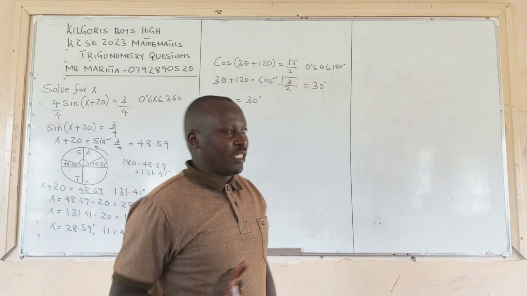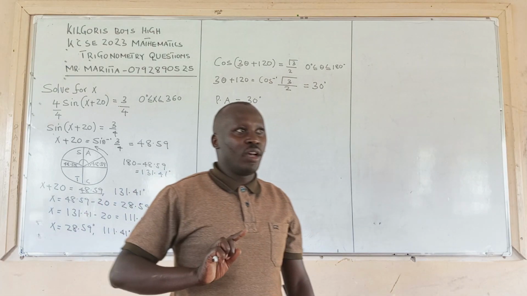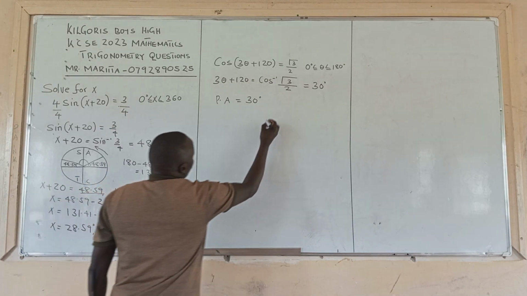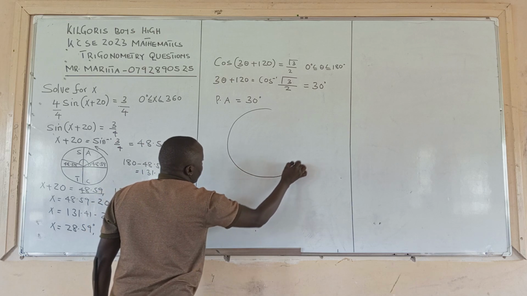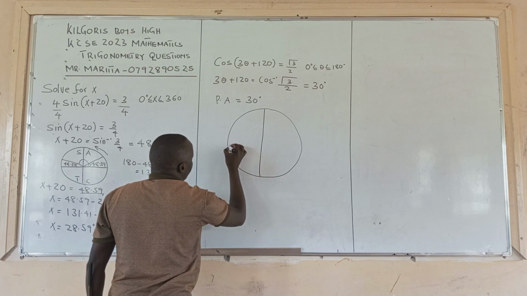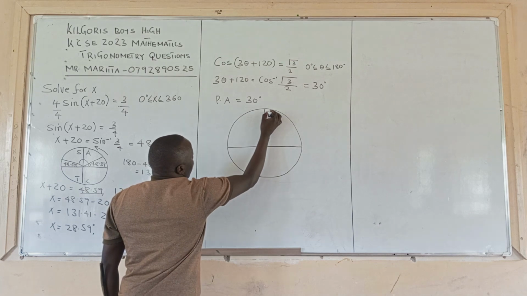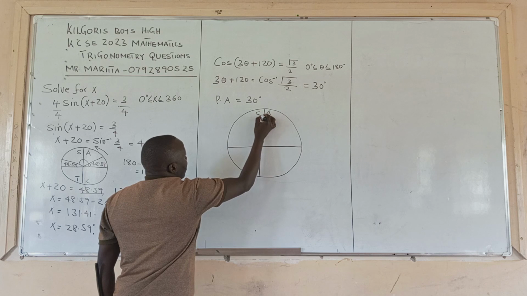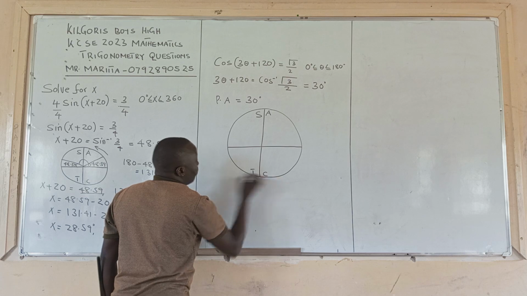Another very important part of this question now is using the unit circle. That is when you will get the correct answers on this question. So if we use the unit circle, we have our unit circle here. In the first quadrant all of them are positive: the sine is positive, the tangent is positive, the cosine is positive.